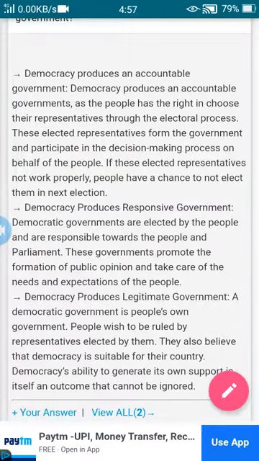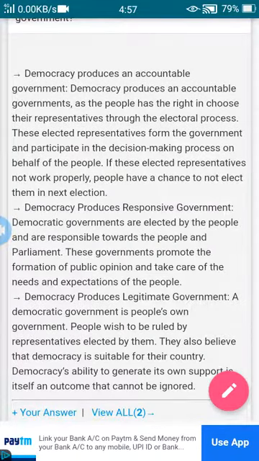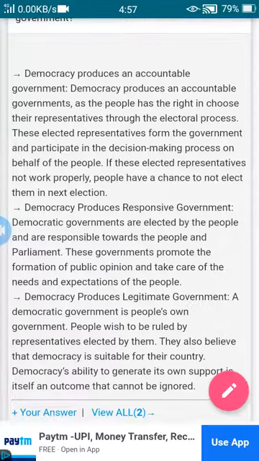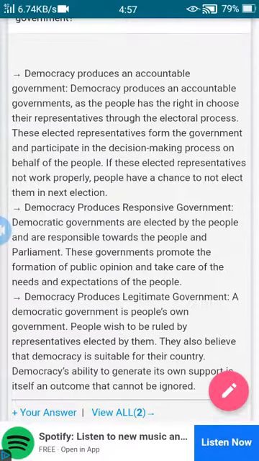Second one, democracy produces a responsive government. Democratic governments are elected by the people and responsible towards the people and parliament. These governments promote the formation of public opinion and take care of the needs and expectations of the people.